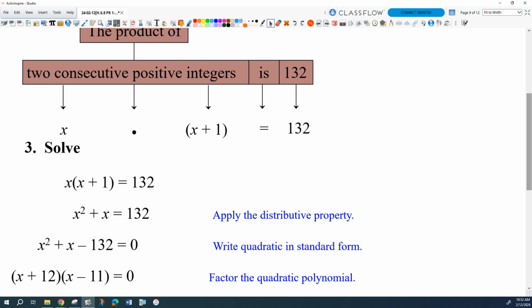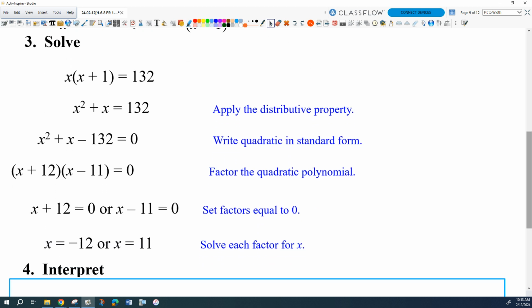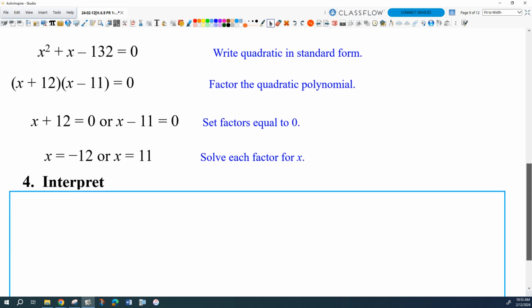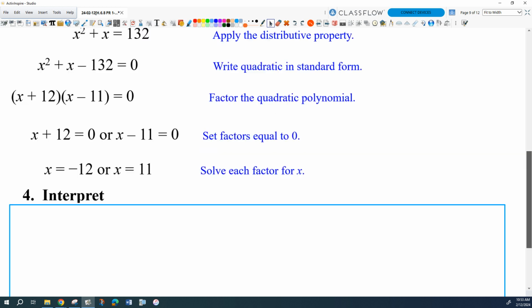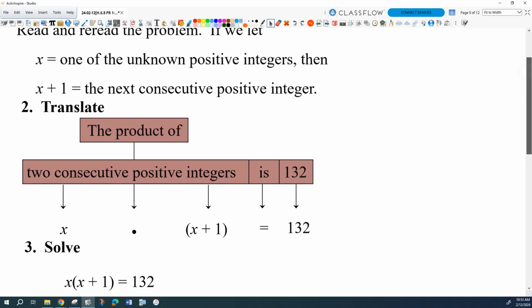A quadratic equation. So we solve that, and it turns out that that math equation has two solutions, either x equals negative 12 or x equals 11. Which one of those are we interested in? 11, because we're only interested in the positive solution, right? But really, there are two ways we could multiply numbers and get 132.